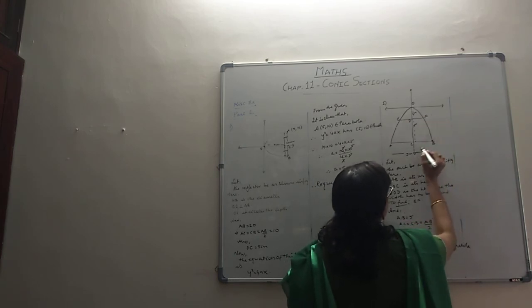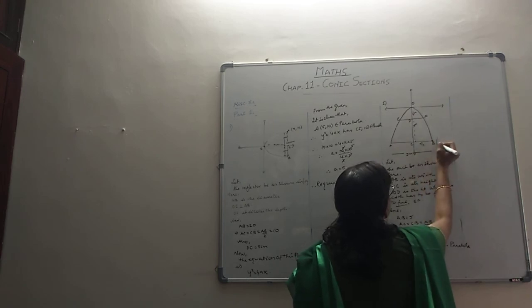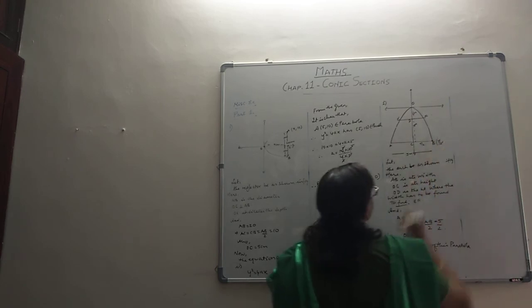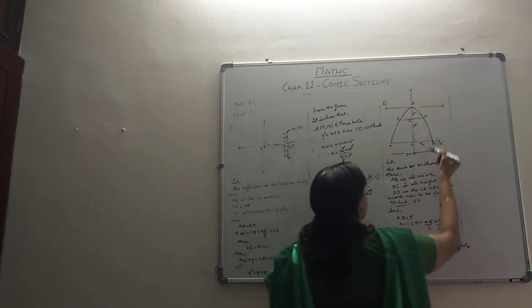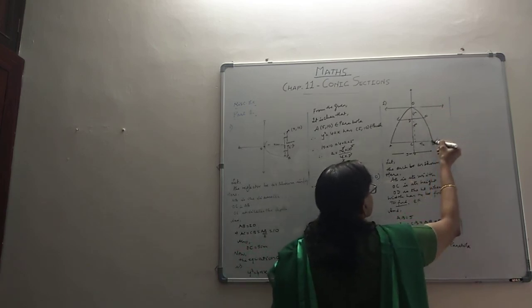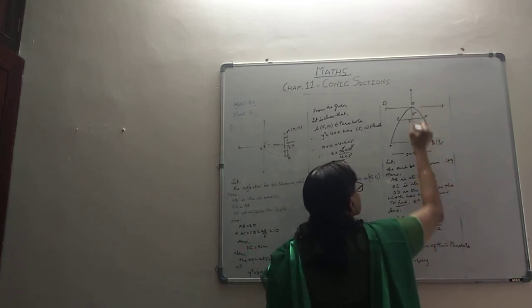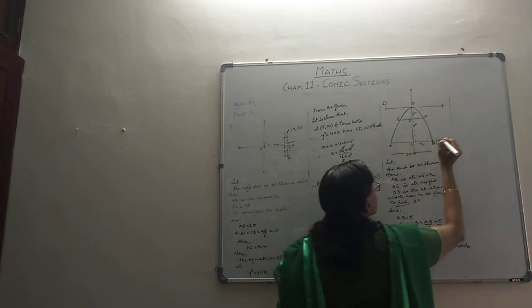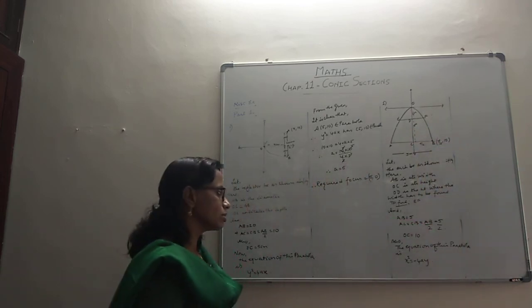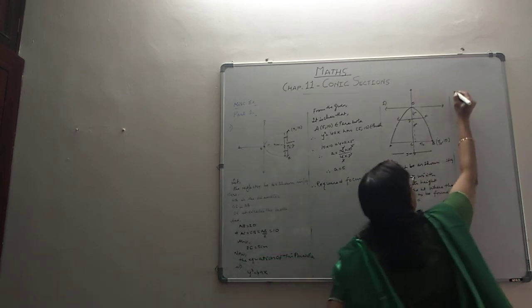So for B, this distance we have found out that it is 5 by 2. So the x coordinate is clear, it is 5 by 2. How about the y coordinate? The y coordinate should be this much distance, and this much distance, it's clear to us that it is 10, isn't it? So that we get from the given.